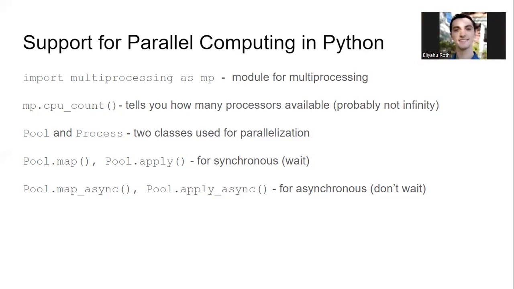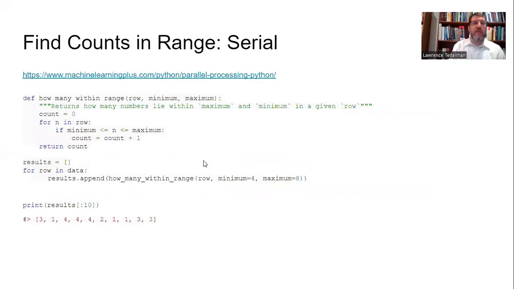Something like that order of magnitude. So you don't really have as many processors as you want. These are some of the commands that we have. We have a synchronous approach, which means we want to wait for something else to happen, and an asynchronous approach.